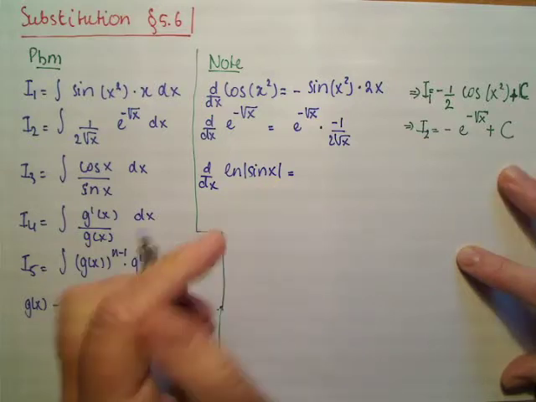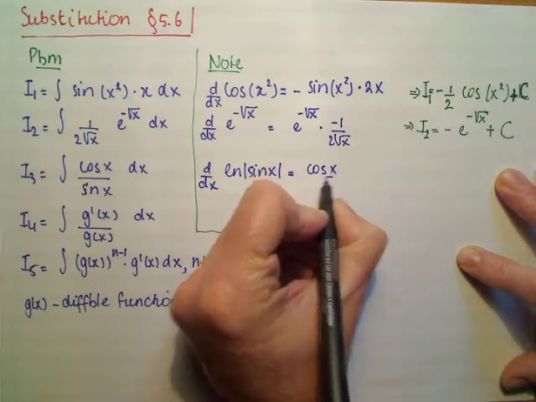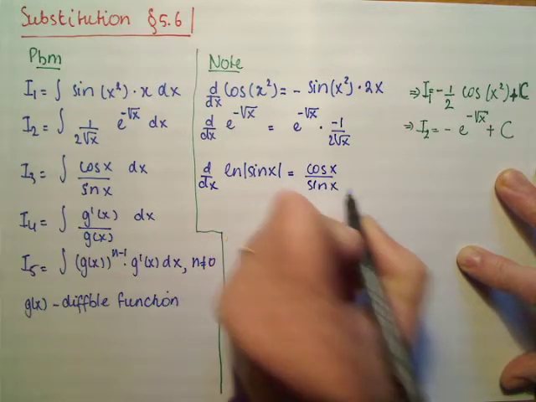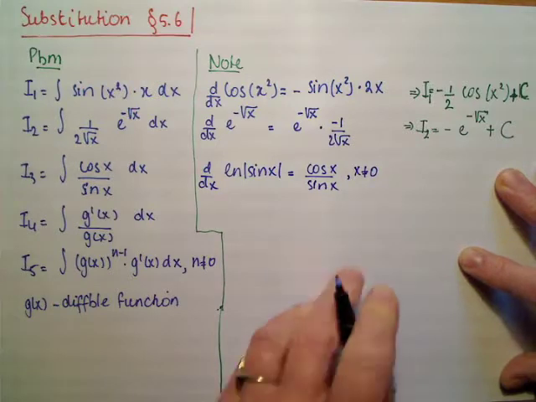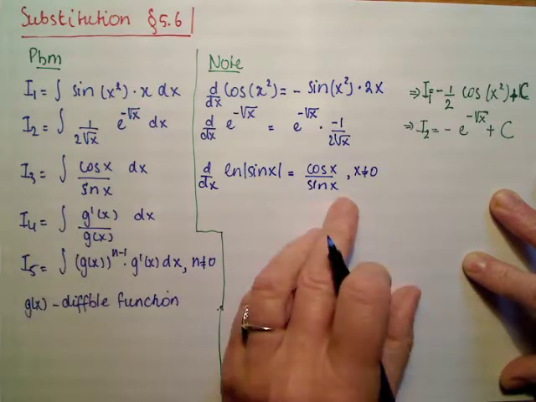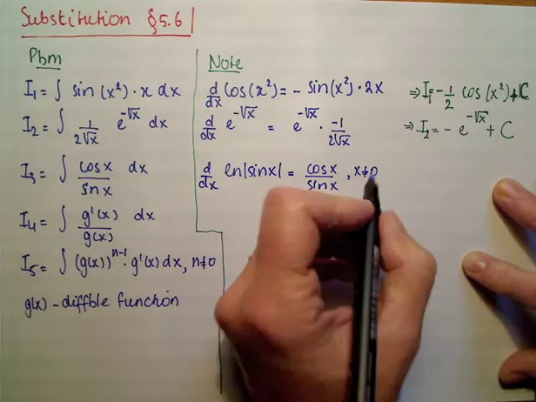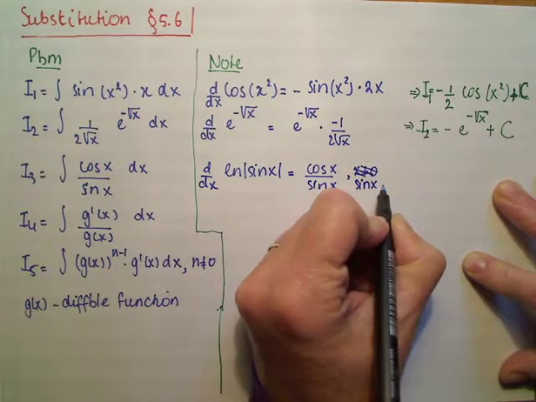But if you compute the derivative by the chain rule, you will get cosine of x divided by sine of x, provided that we cannot take any value of x where sine of x equals 0.